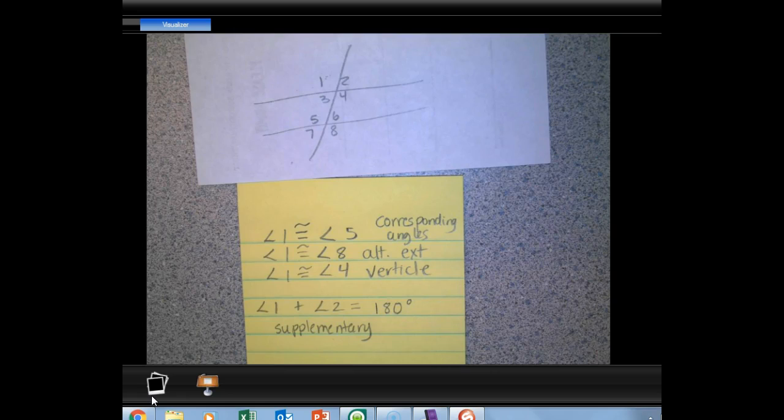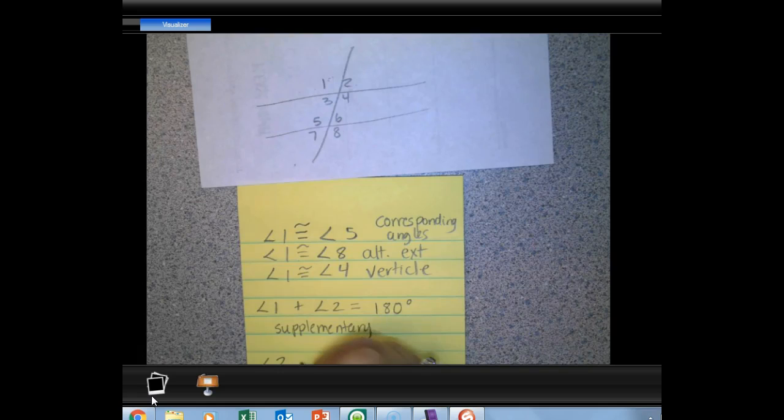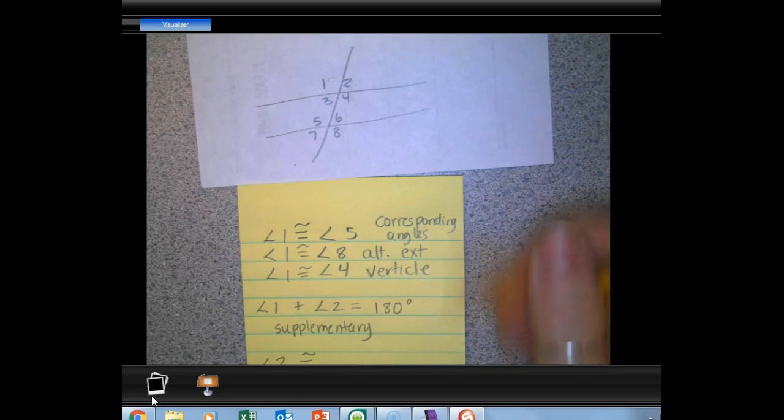Okay, so what about angle 2? Let's look at angle 2. What would angle 2 be congruent by? Based on these three up here, can you tell me what other angle 2 would be congruent to? Angle 2 would be congruent to which angles?